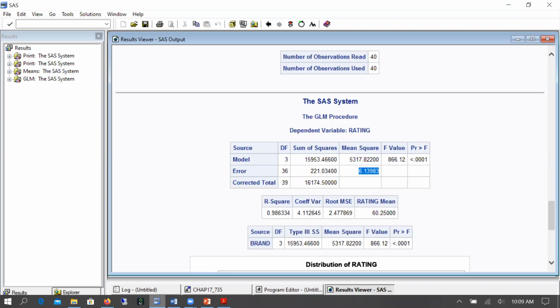So based on the available data, we have sufficient evidence to reject the equality of the average Rust inhibitor rating across the 4 brands, where we have sufficient evidence to indicate at least one brand is statistically separating from the others.